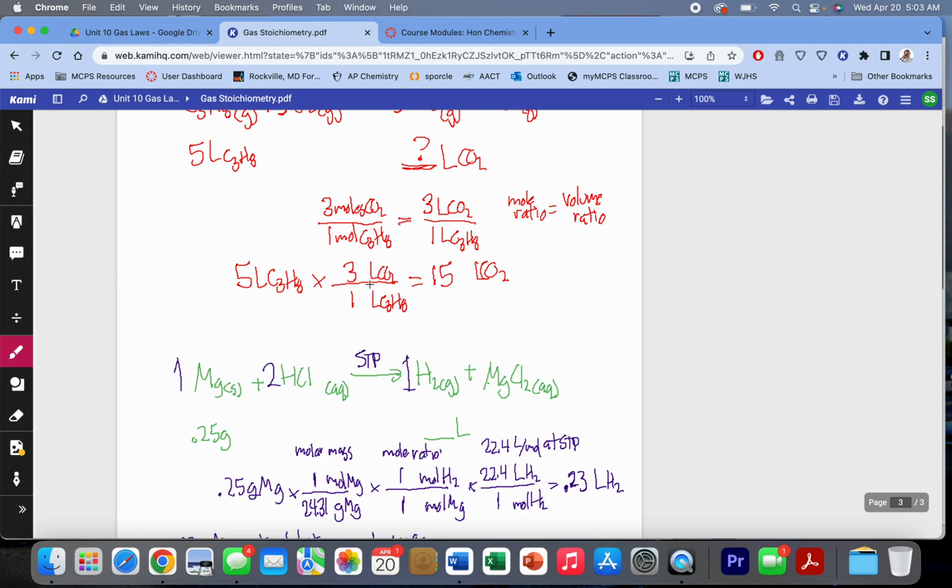But basically I'm doing the same thing. I'm just sort of saying I'm going to convert this to moles, and I'll convert the moles of CO2 back to liters. Since those two ratios will be the same, I can just take the shortcut of saying liters to liters. Okay, which is kind of cool. So really, we're doing the same thing all 3 times. It's just the easiest is when you have volume to volume.